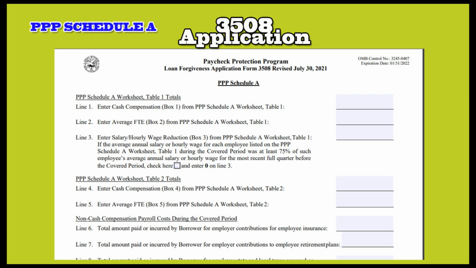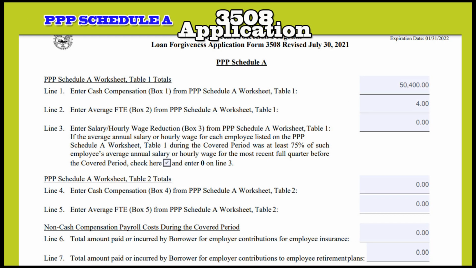Okay, now we're going to work on the PPP Schedule A. And like I said, you're going to need that worksheet that we just worked on. So on line 1, you're going to enter the cash compensation that we tallied up from box 1 on the PPP Schedule A worksheet, okay? In table 1 only, not table 2. From my example, from all of my employees, my worksheet came out to $50,400.